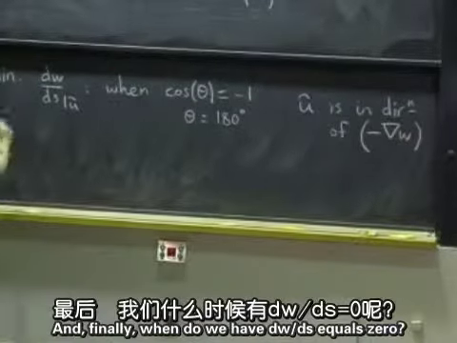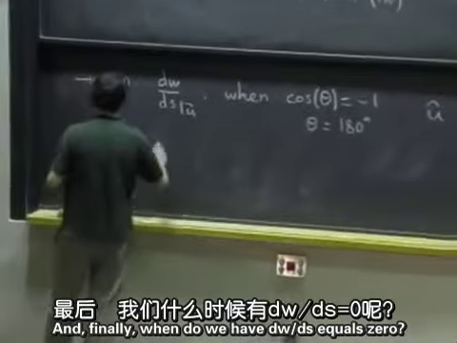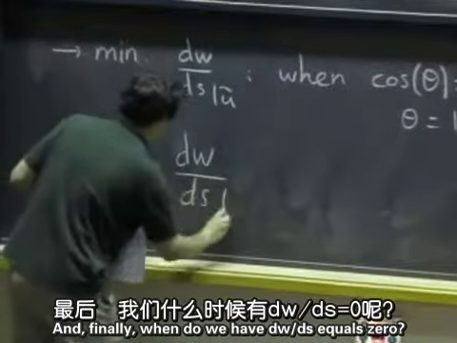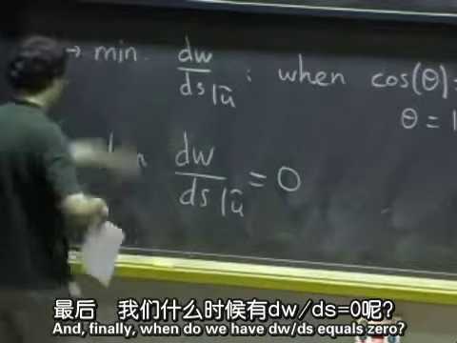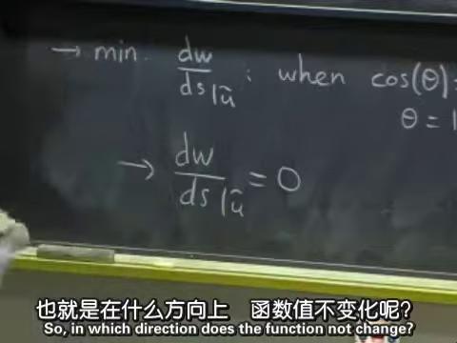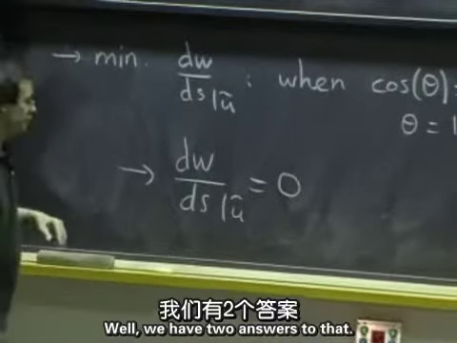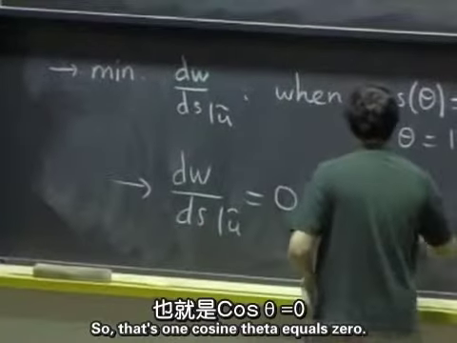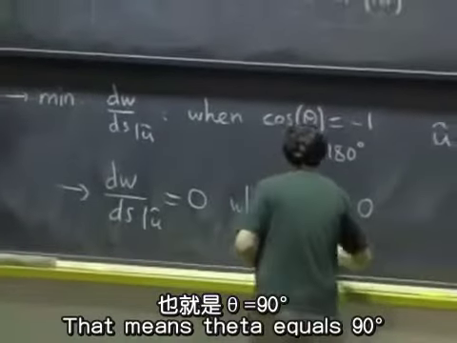And finally, when do we have dW ds equals 0? So in which direction does the function not change? Well, we have two answers to that. One is to just use that formula. So that's when cosine theta equals 0. That means theta equals 90 degrees.